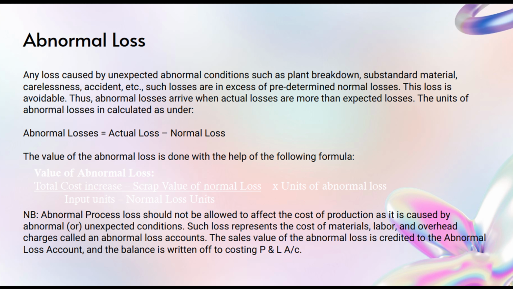Abnormal process loss should not be allowed to affect the cost of production as it is caused by abnormal or unexpected conditions. Such loss represents the cost of material, labor, and overhead charges, called an abnormal loss account. The sales value of the abnormal loss is credited to the abnormal loss account, and the balance is written off to the costing profit and loss account.